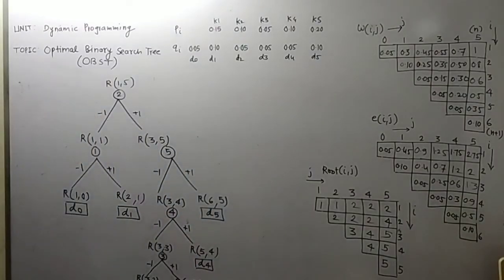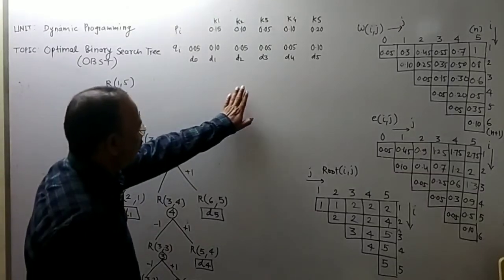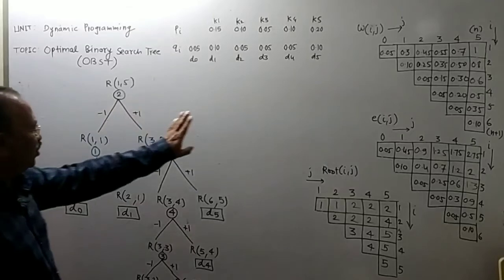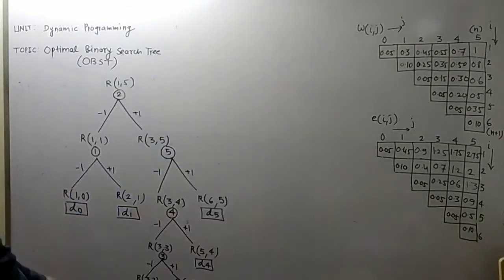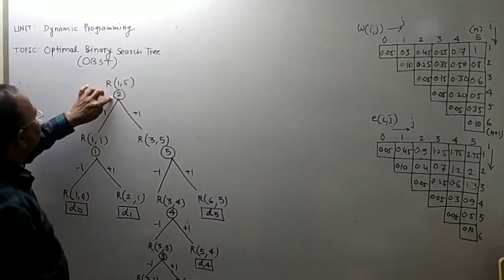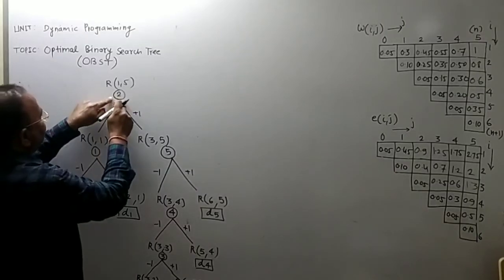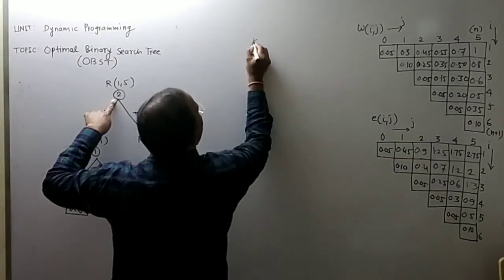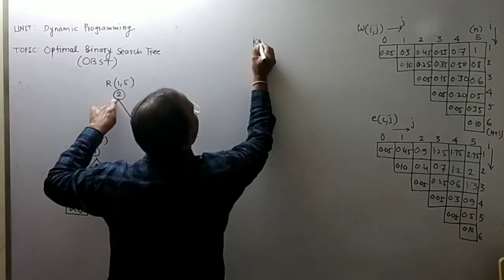In this way we have drawn the structure to get the final OBST. Now from these structures we will draw the final OBST. Start from the root. This circle indicates the actual key, that is K2.